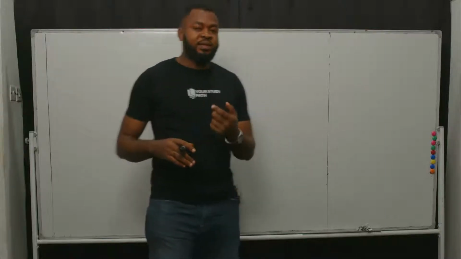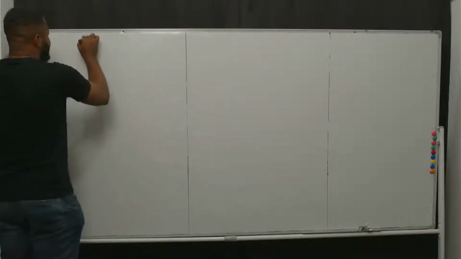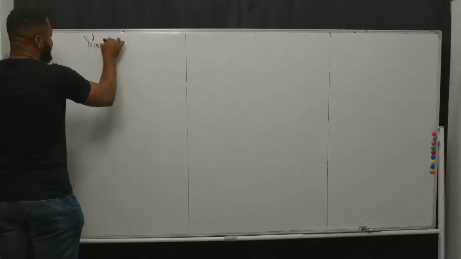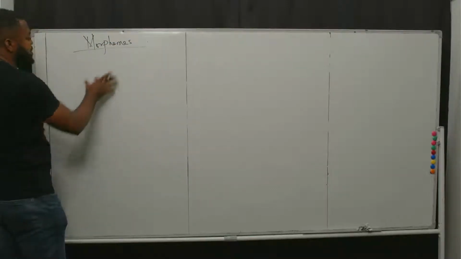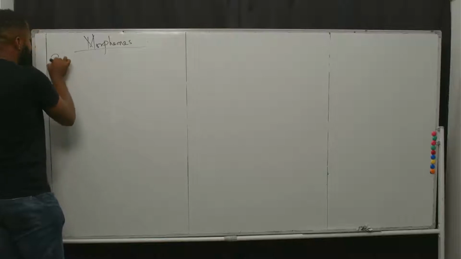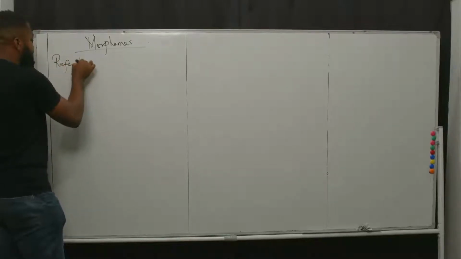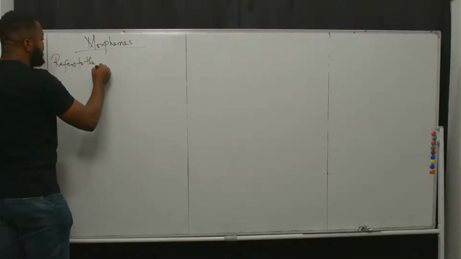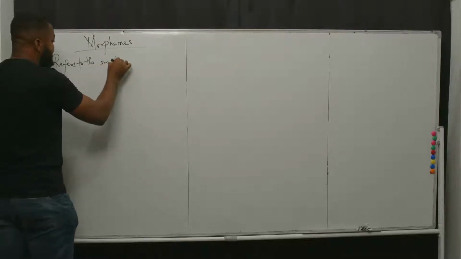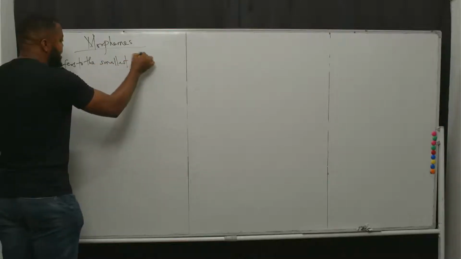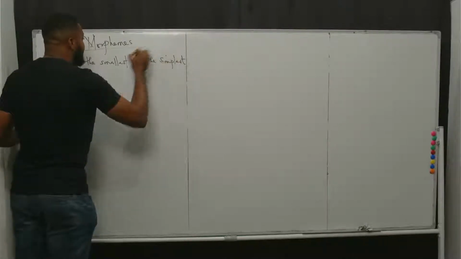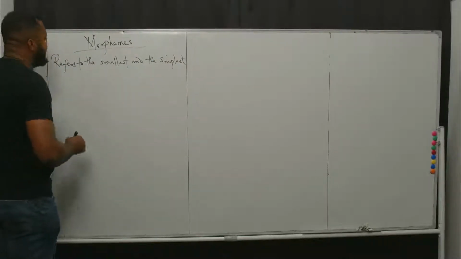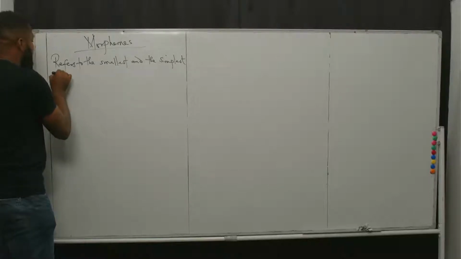Okay, so let's begin. Grammatically, morpheme refers to the smallest and the simplest unit of a language.